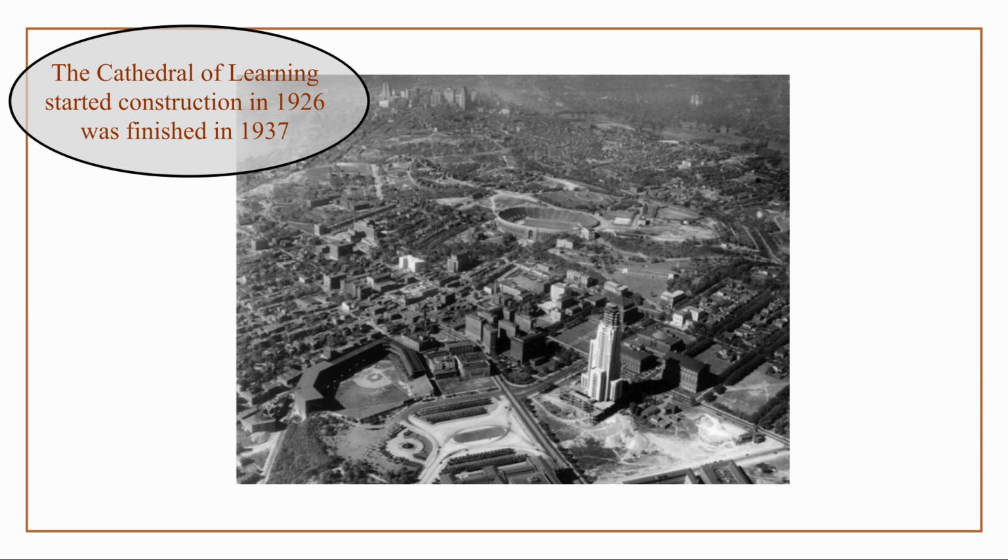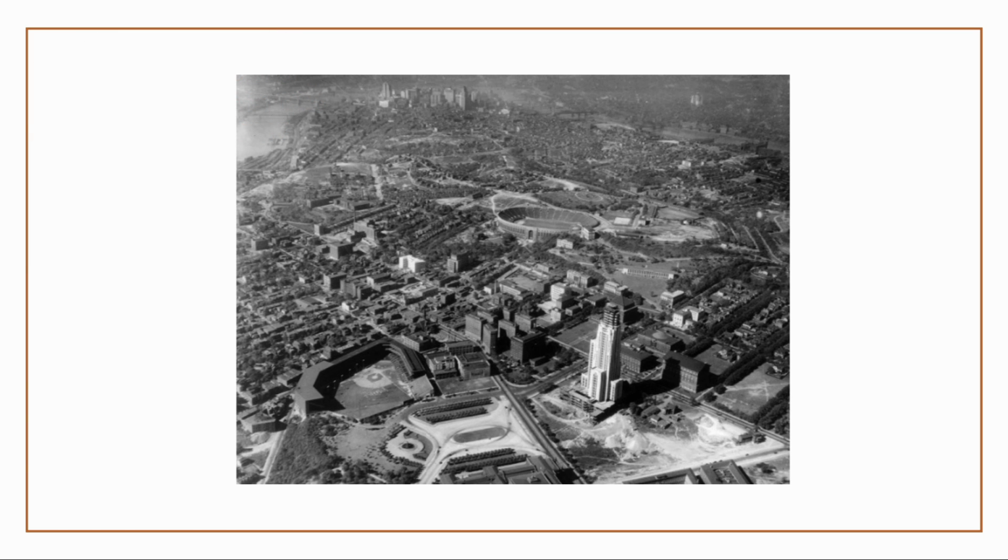Now, there are some other things we could look at. Forbes Field, on the left side there, was built in 1909. The big thing in this one, we were able to narrow it down by looking at the Cathedral of Learning. But we also have Pitt Stadium in the background, and that opened in 1925.